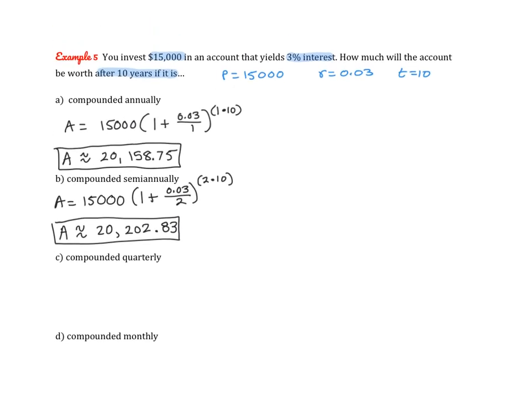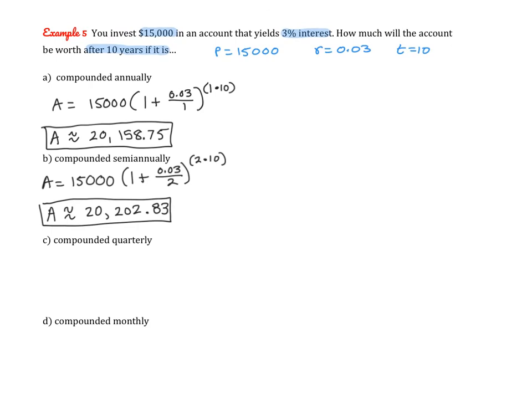Let's try compounding quarterly and see how much that would earn us. So quarterly means 4 times a year. So A equals 15,000 times (1 plus 0.03 divided by 4) to the power of 4 times 10, so to the power of 40. Plug this into your calculator, and please don't skip the step where you're plugging it into your calculator because I do see a lot of calculator input errors with these problems.